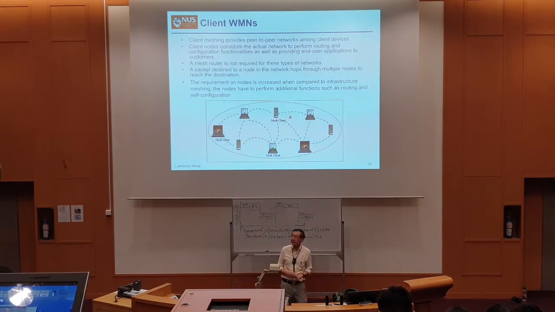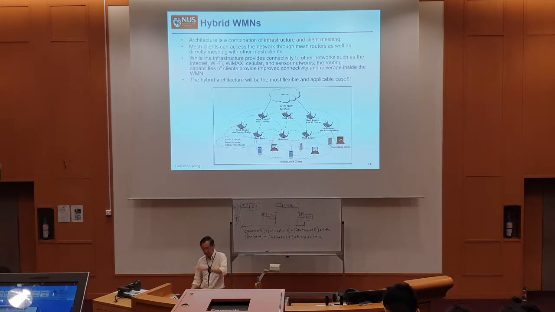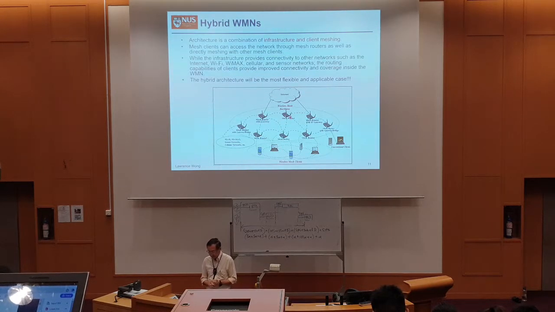In fact, you can see it's the client wireless mesh network, so much of this is peer-to-peer traffic in that case. And a hybrid will be a combination of the infrastructure, the first one we saw, and the client. This is the hybrid. So you have a lot of flexibility to do that.